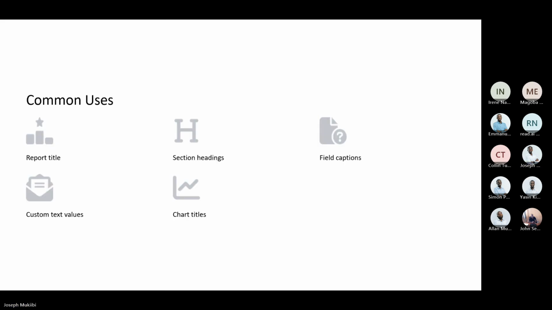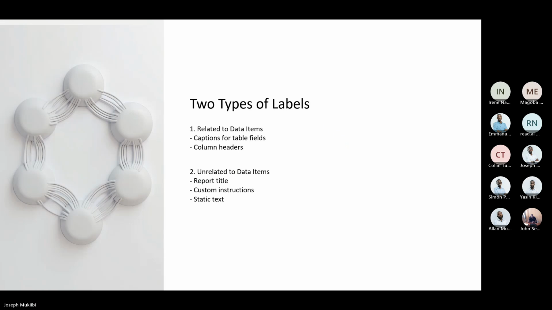So use cases, you can use them on report titles, section headings, field captions, custom text values, or chart titles. Those are the use cases where you can use the labels. So we have the types of labels.